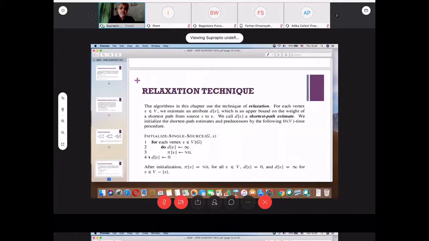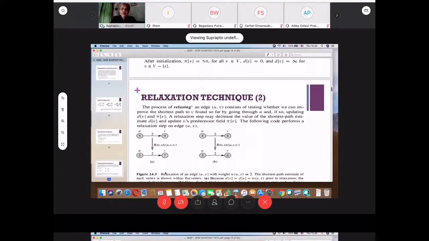So it's initialized separately in this case. About initialization, the predecessor of every vertex is set to nil, and the shortest path estimate for S is set to 0, but the others are set to positive infinity for all vertices in V except S.